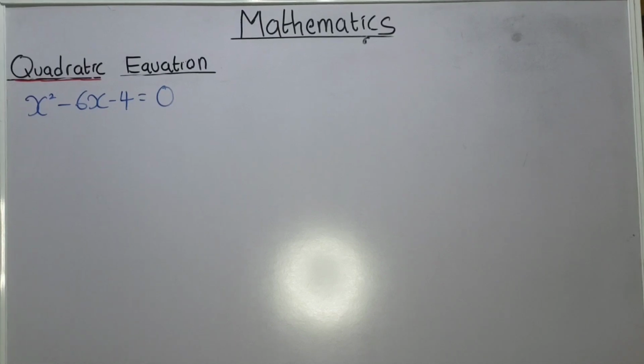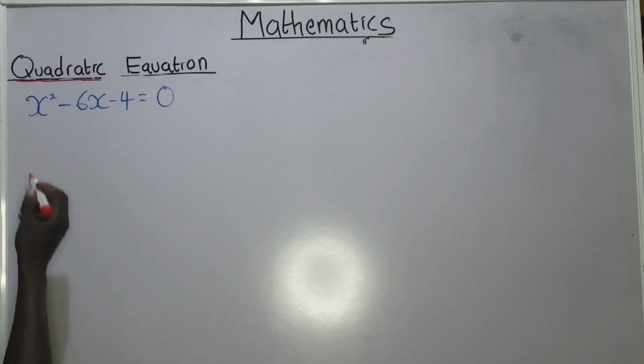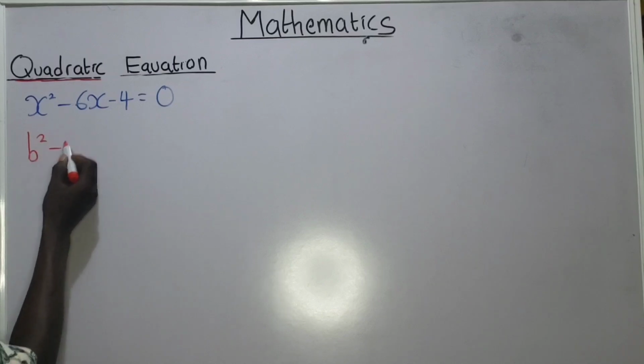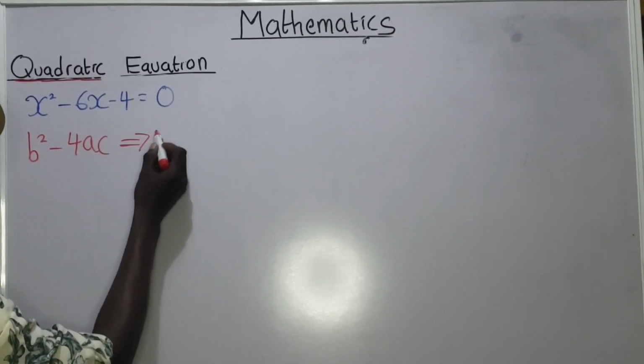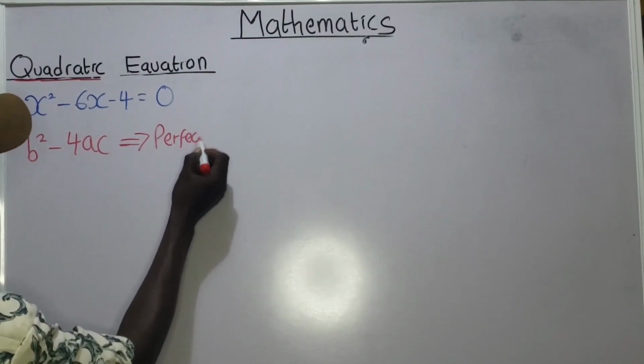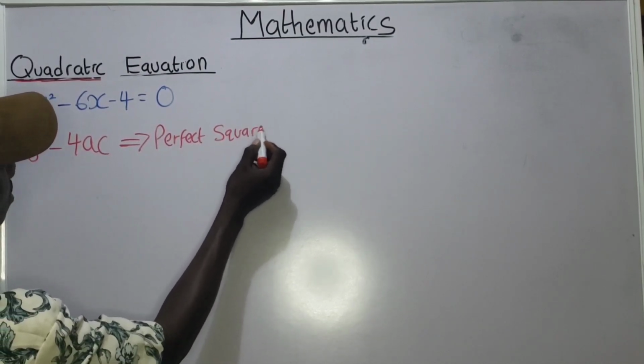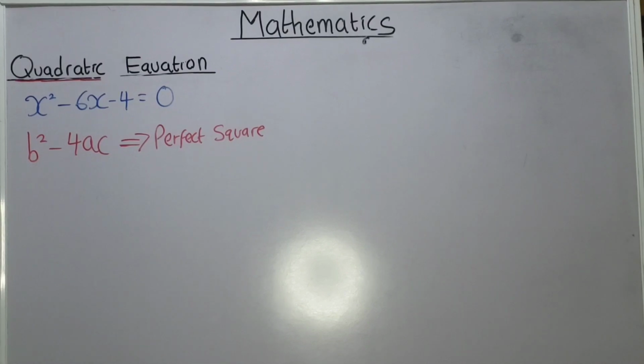The first step is that we're going to move the constant term to the other side of the equation. But let me quickly explain how to know if an equation is factorizable, or whether it has a perfect square or doesn't.